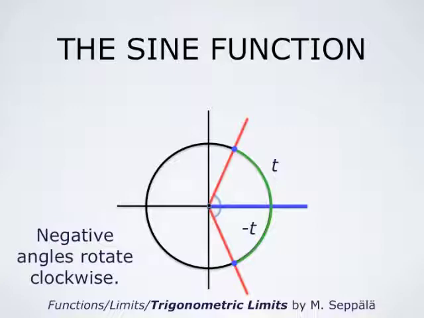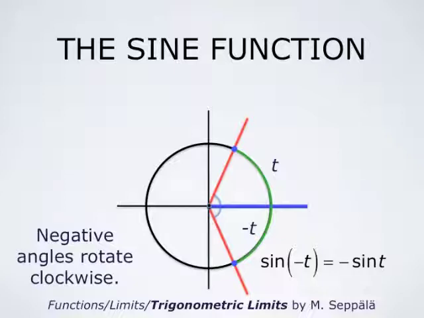This means that the y-coordinate of the blue dot becomes the negative of what it used to be, and this means that sine of negative t equals minus sine of t. So the y-coordinate of the blue dot above is the negative of the y-coordinate of the blue dot below.